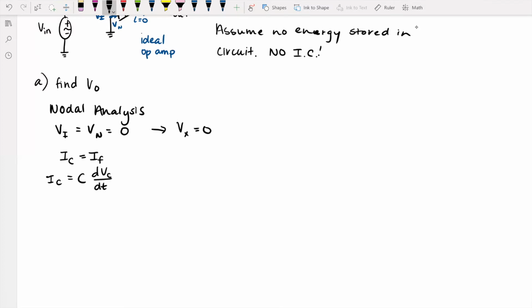This is just one of the definitions of a capacitor, in that the current through a capacitor is equal to the capacitance times the derivative of the voltage across the capacitor. So we also know the current through the resistor is 0 minus Vout over RF, essentially Ohm's law.